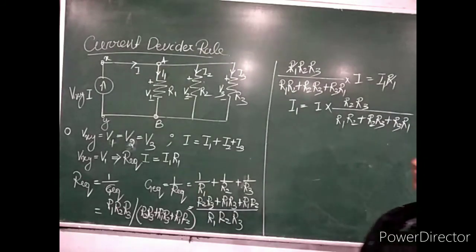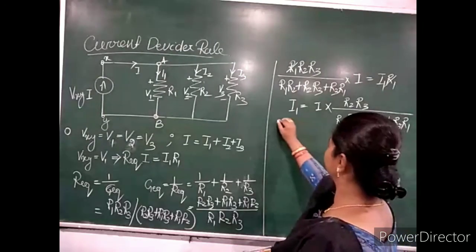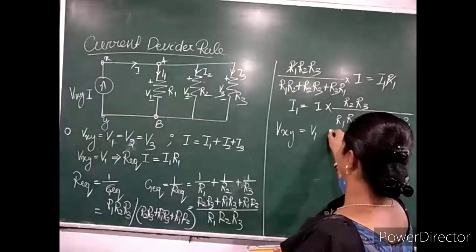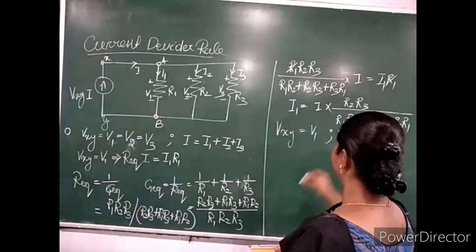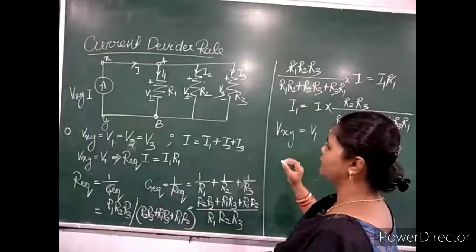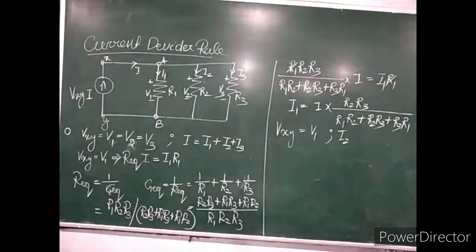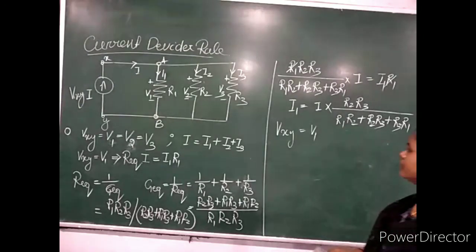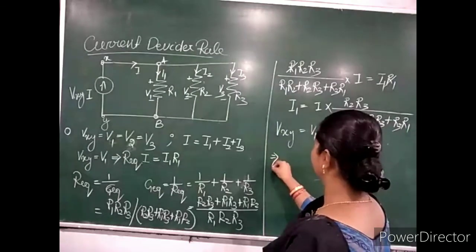Similarly, by equating Vxy with V2 you get I2, and if you equate Vxy with V3, you get I3. So how do you get I2? Here I show the value.